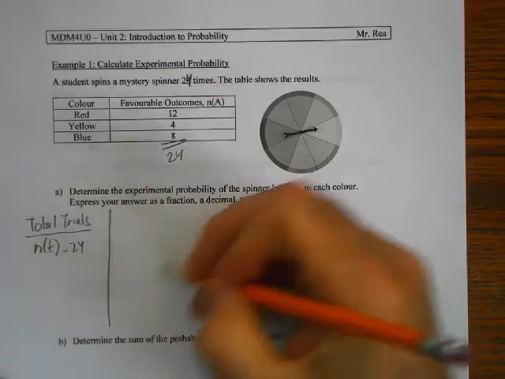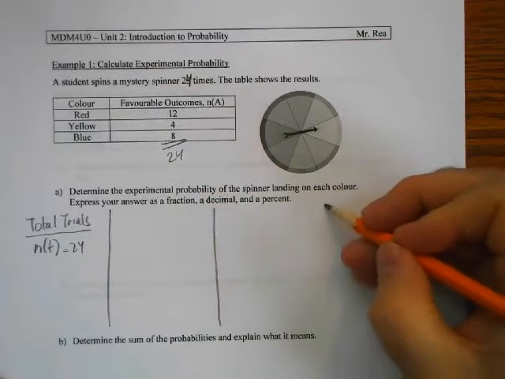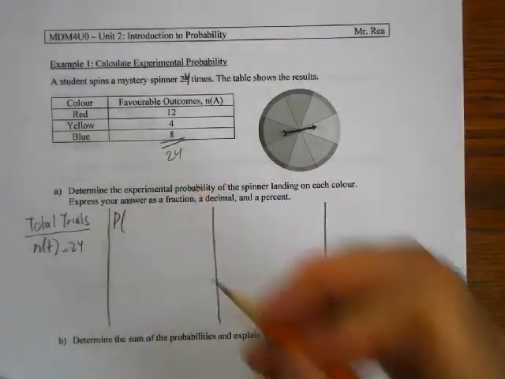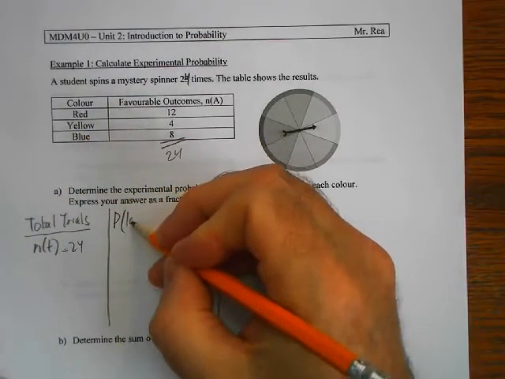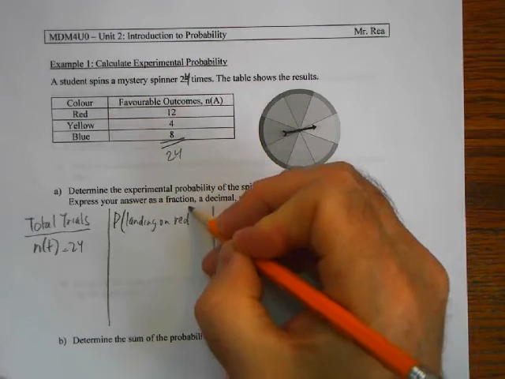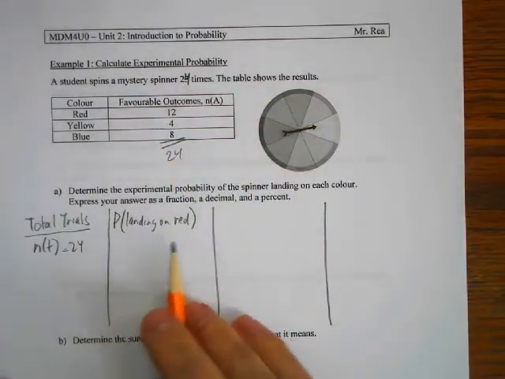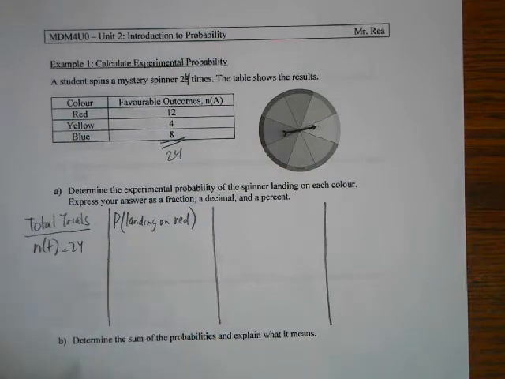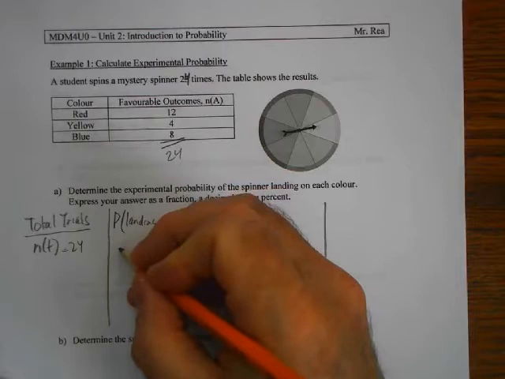Okay, so I'm going to divide this into 3 sections, one for each color. First, the probability of landing on red. Now you could put probability of red, but it's a lot more descriptive to say what you're actually finding the probability of. Landing on red is more descriptive than just red.